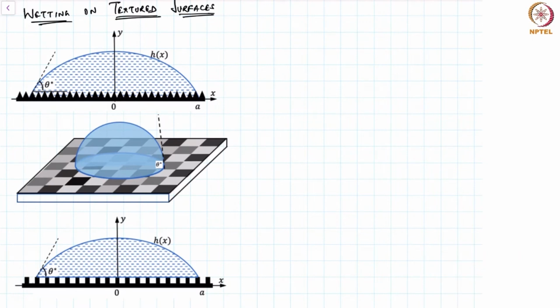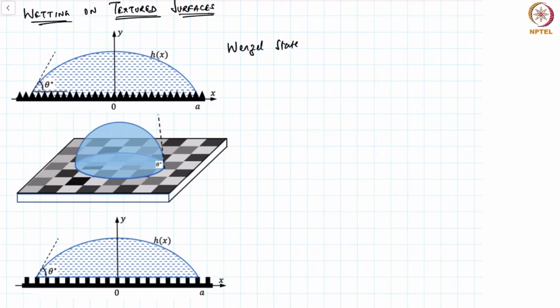So let's consider the first rough surface. You can see an undulating zigzag pattern. The liquid penetrates into the crevices that you see in the undulation, meaning the solid is completely wet in this case, and this is referred to as the Wenzel state.